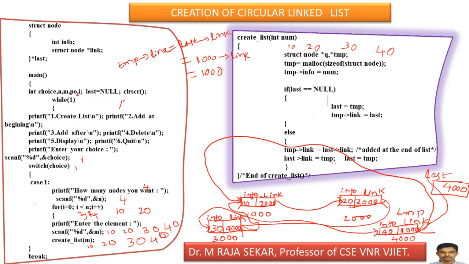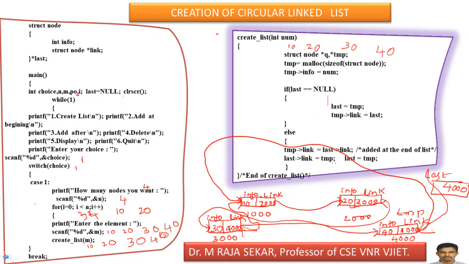What is our first node? Our first node is, how can I write? Just a minute. Let me erase this one. Let me write like this. How can I rewrite this one?